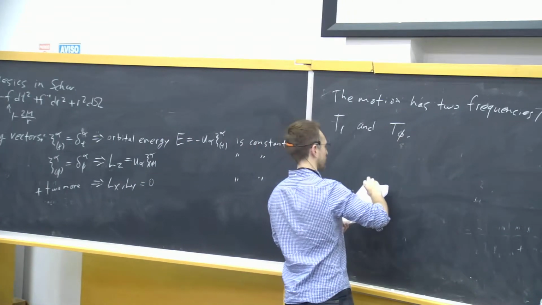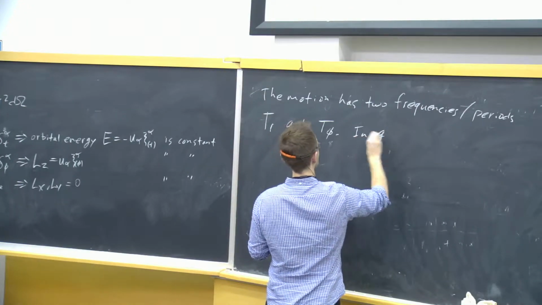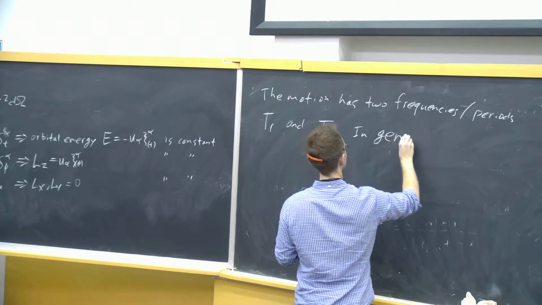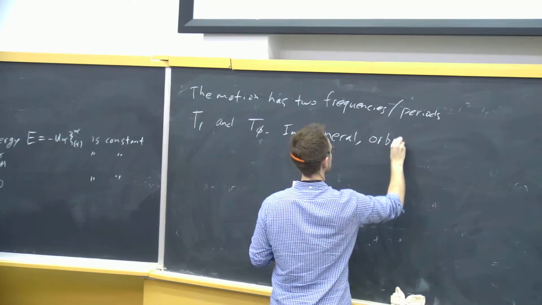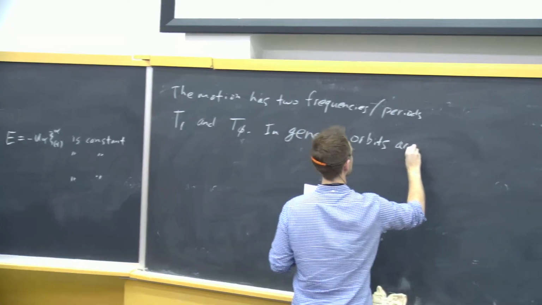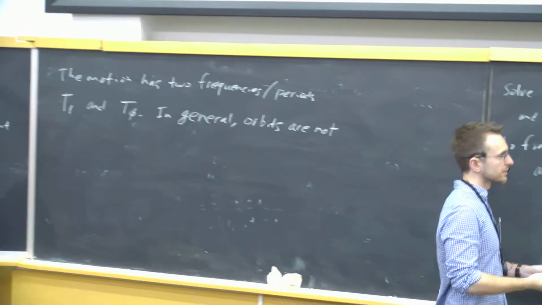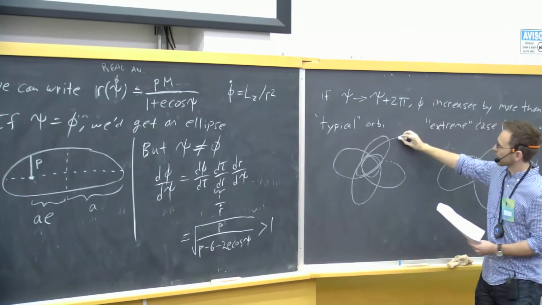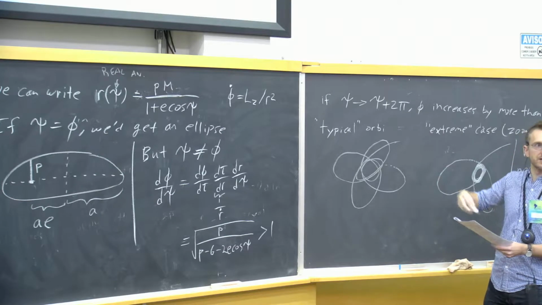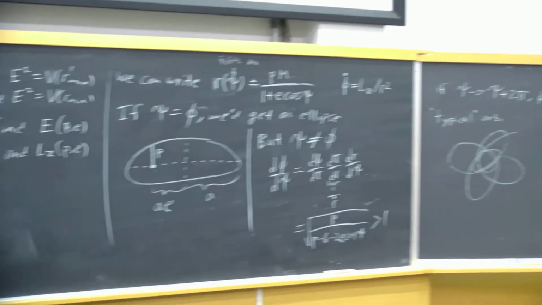And on the closed versus open, in general, because you have these two periods, the orbits are not closed. So those orbits that I drew over here, it'll never return exactly to this point and keep repeating itself. So orbits are not closed.